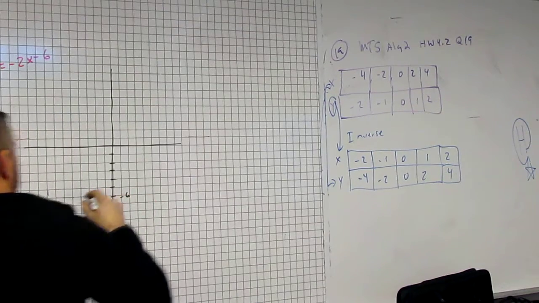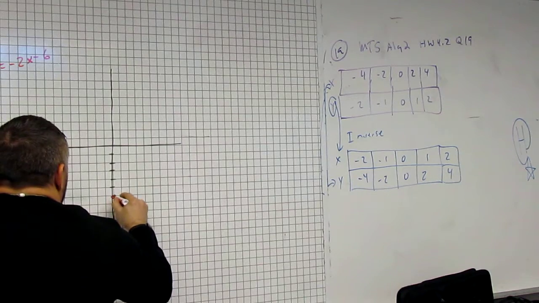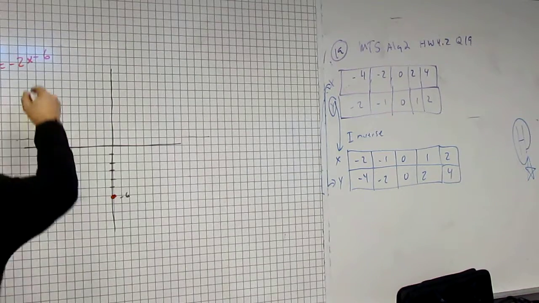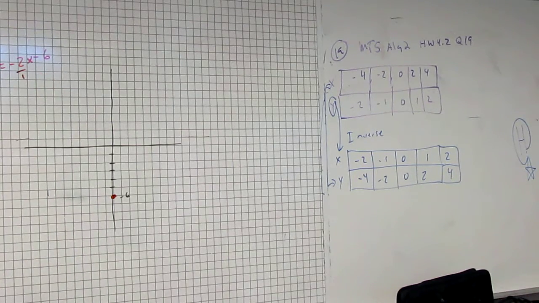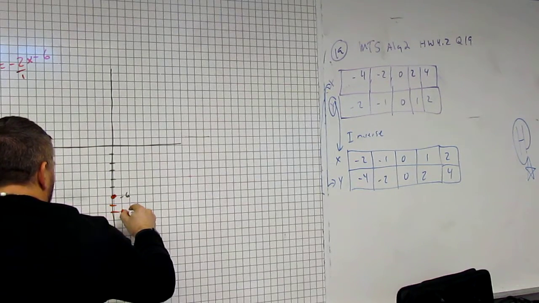That's minus 6. So that's where my red starts. Right there. And then down 2, right 1.